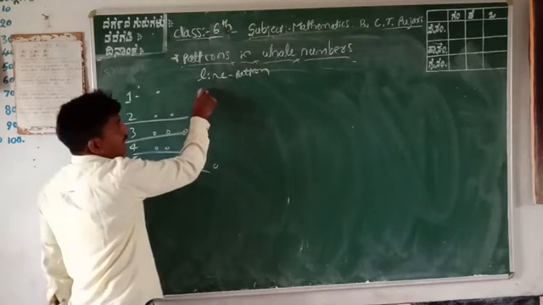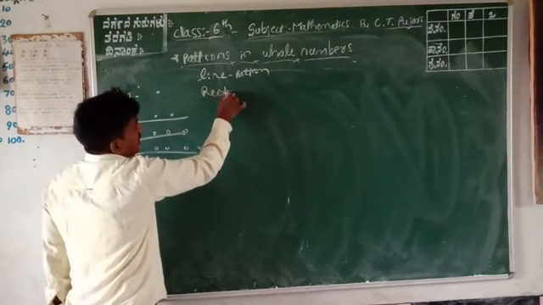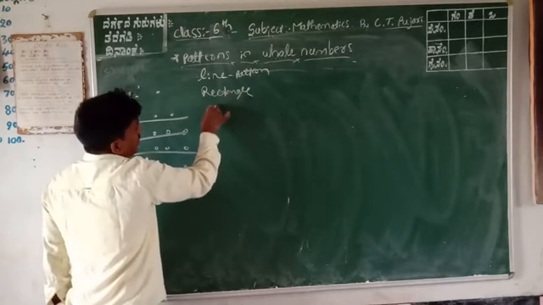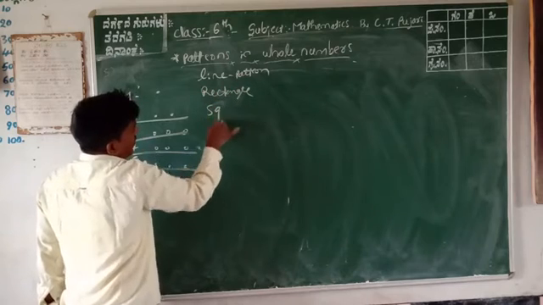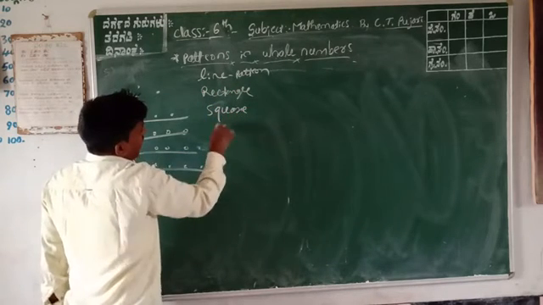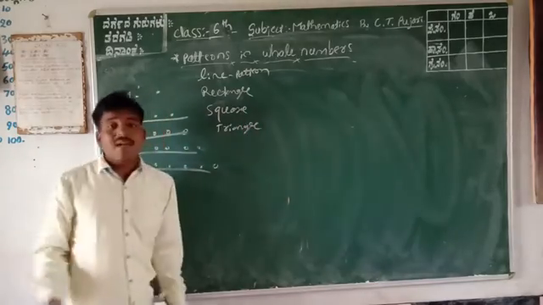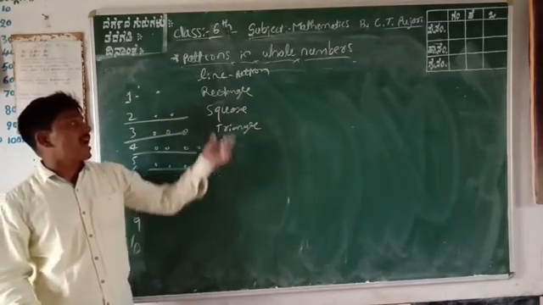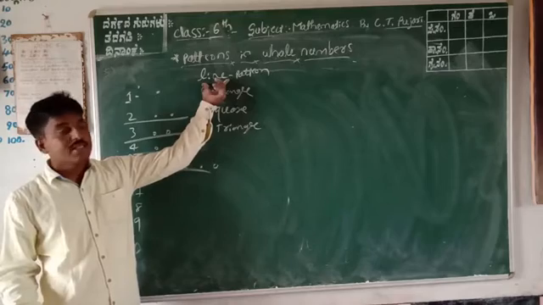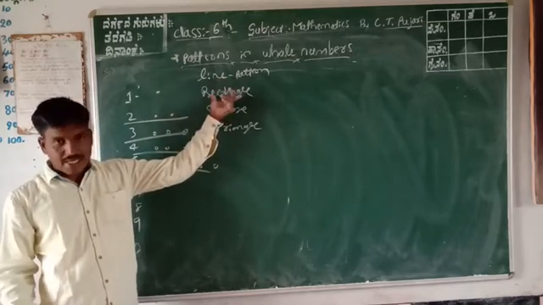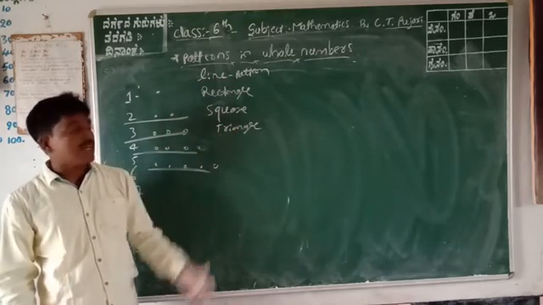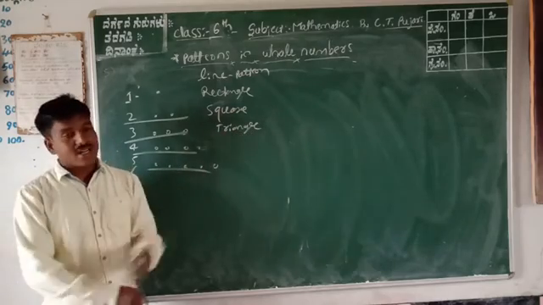Next, rectangle, square, and triangle also. Some numbers are arranged in a line pattern, rectangle pattern, square pattern, and also triangle pattern.